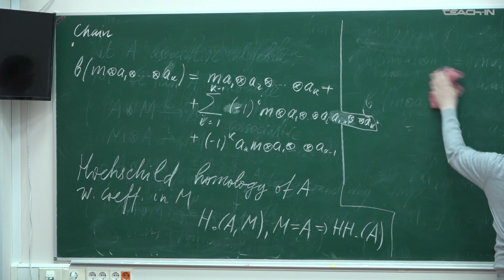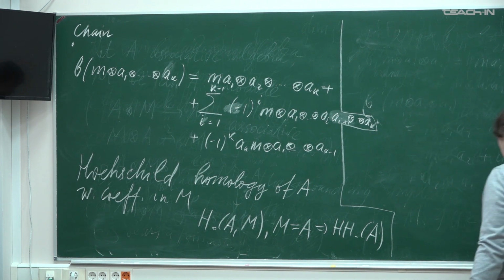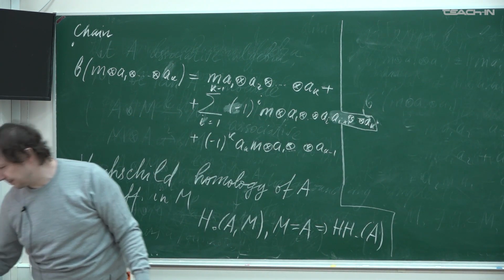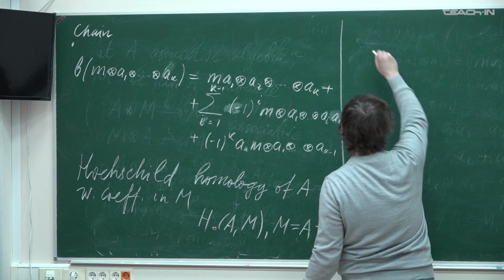The differential in the cohomological case, in the cochain case, is pretty much the same.